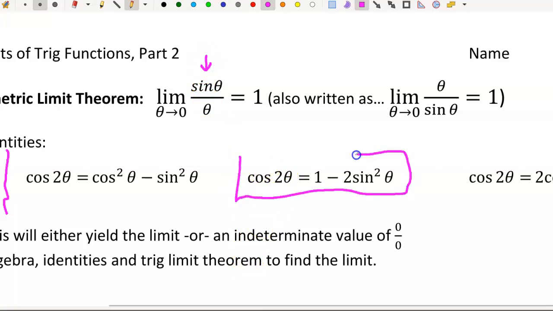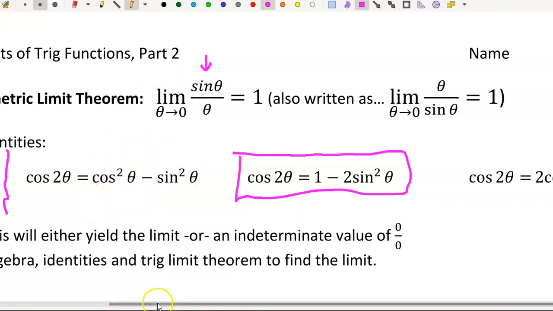So my advice is that if you have a cosine 2 theta, or a cosine 2x, you start with this one because it gives you this sine squared theta, which works really nicely in these problems. Whereas over here you end up with a sine squared, but you also have a cosine to deal with, so it could make things more difficult.